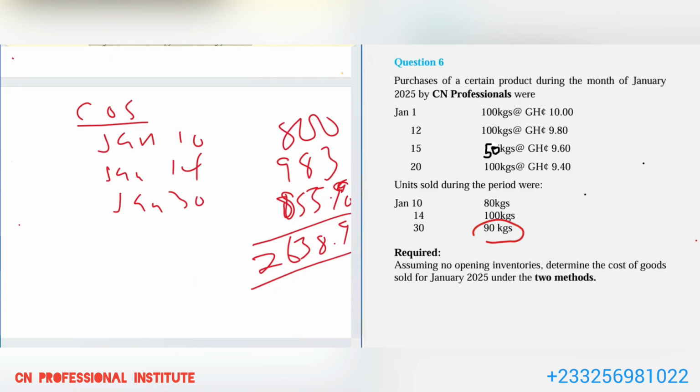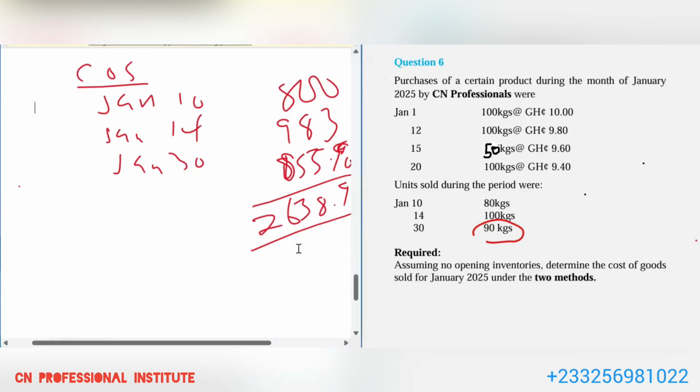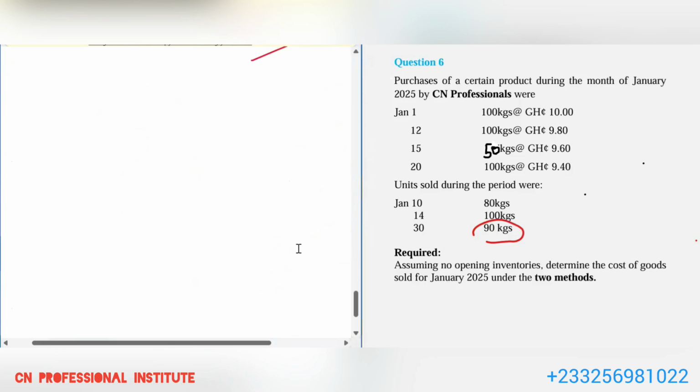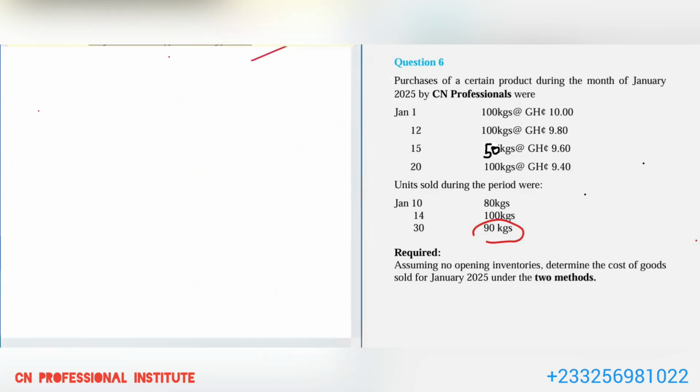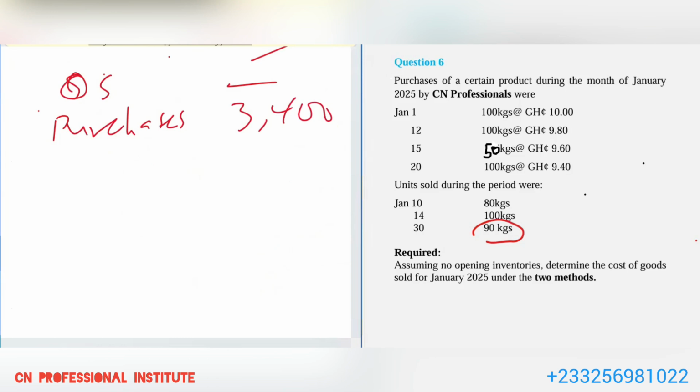If you want to use the other method, the same thing, we can just say opening stock. Cost of sales, we said we can use what? Opening stock. There's no opening stock in the question. Add purchases. So you sum all your purchases, and when you sum all the purchases, it is 3,400.